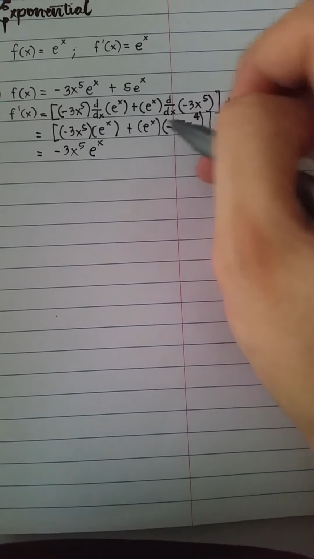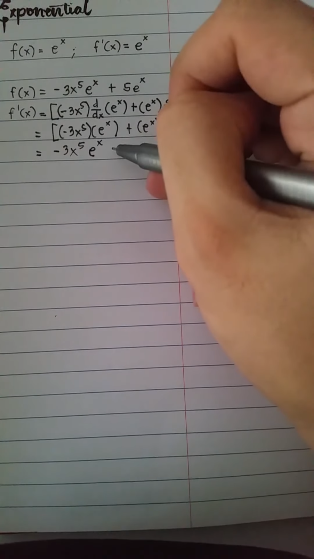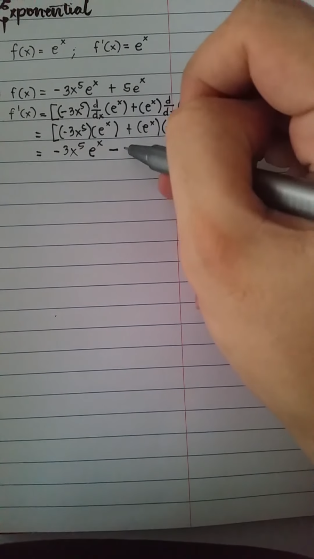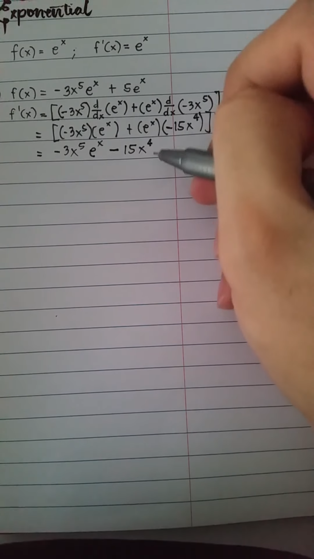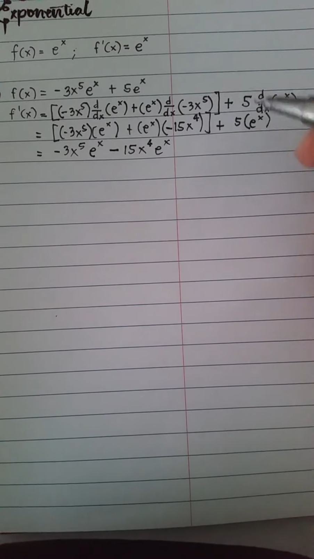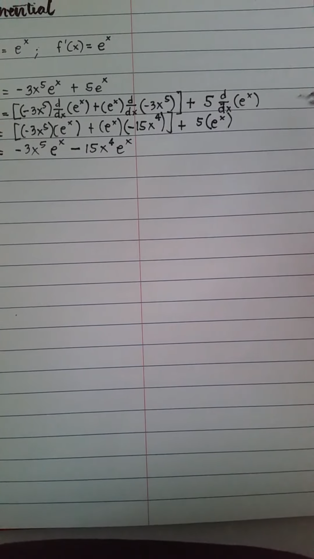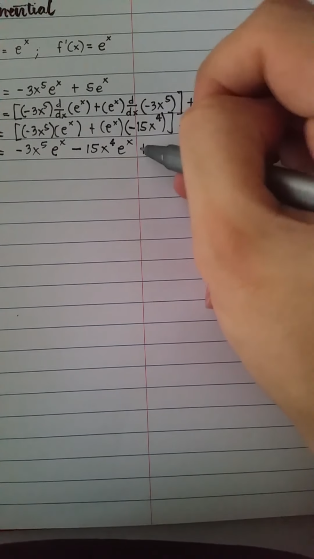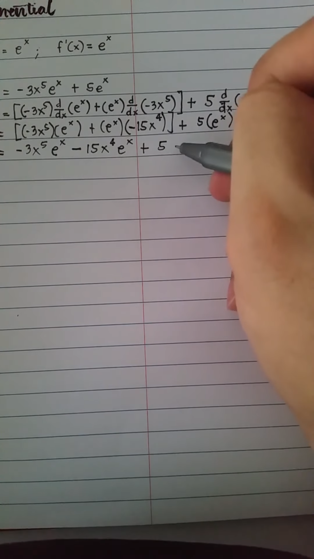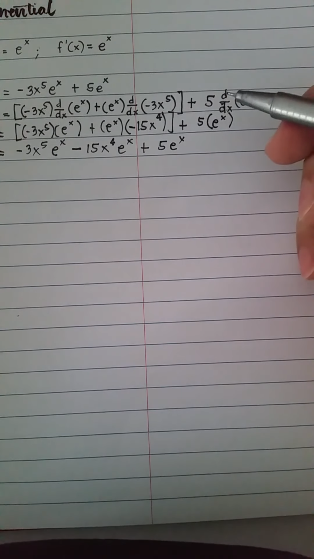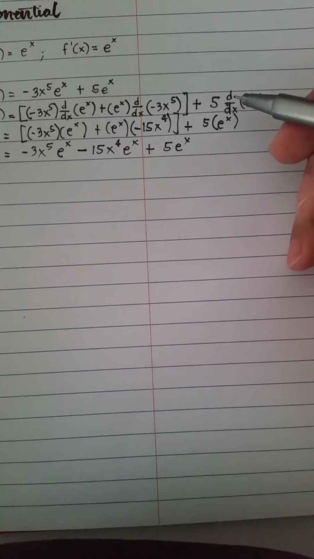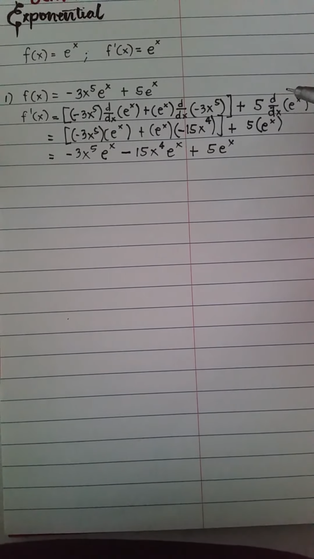So negative times a positive here, so the answer is negative. We write 15x to the fourth followed by e to the x power. I hope you can follow. And then plus this 5e to the x power. Right? Now we look at the final answer.